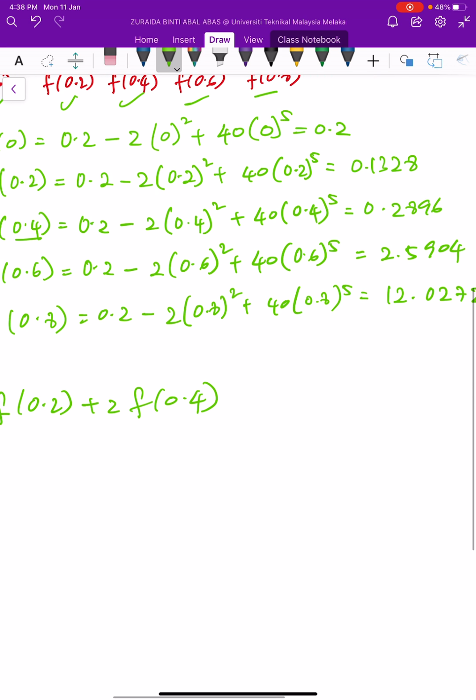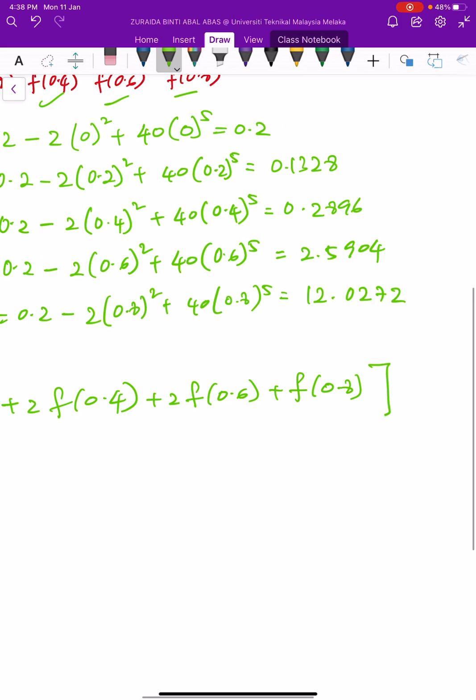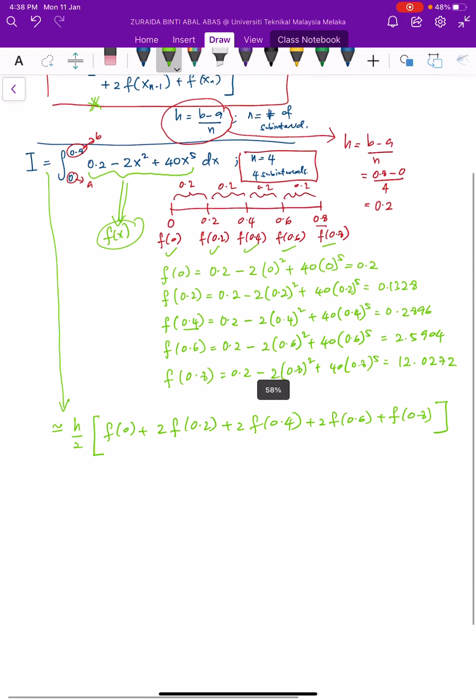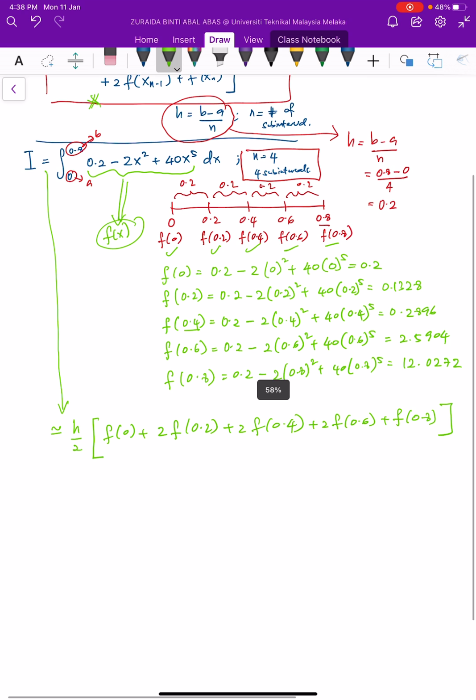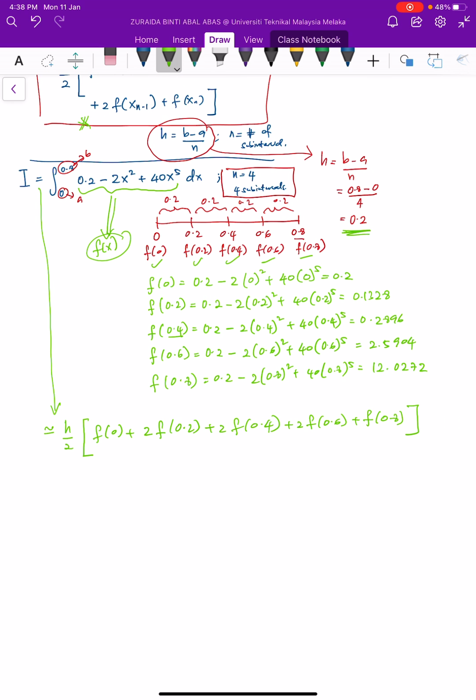Those are the functions that you already evaluated. I hope you can see it. Now you just plug in. Remember that you already calculated your 0.2 as your h. So you need to plug in here 0.2.